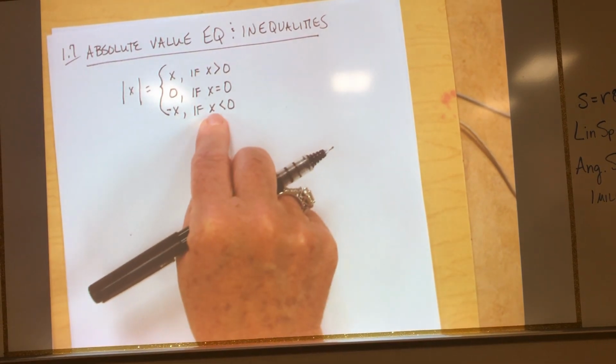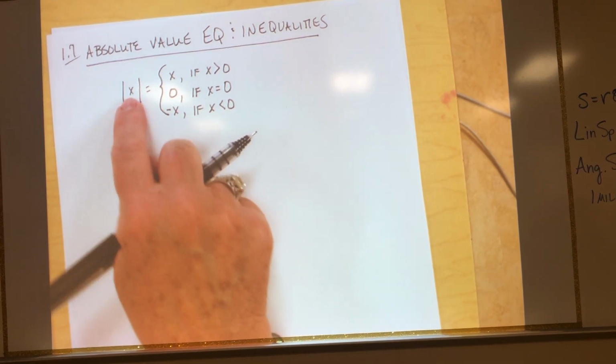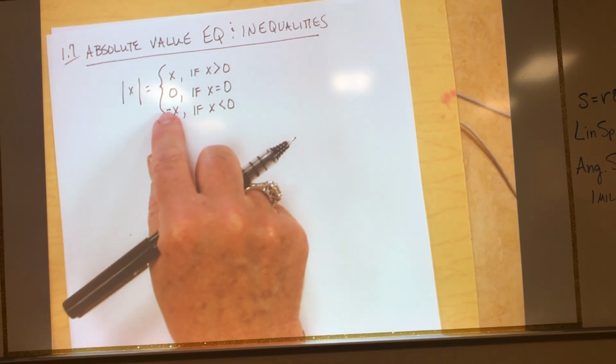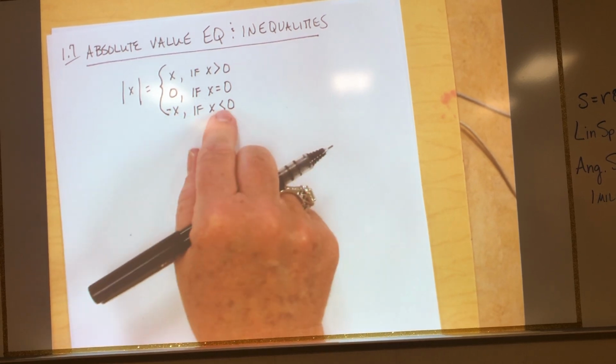Okay, so here's what Cole says. It says if x is less than 0, so I'm talking about a negative. So what's the absolute value of negative 2? 2. Or I like to read it this way: what is the opposite of negative 2? 2. You see what's happening there? All right, let's do another one.